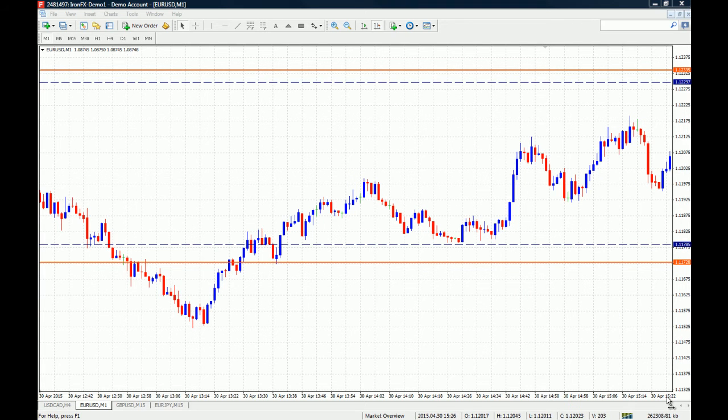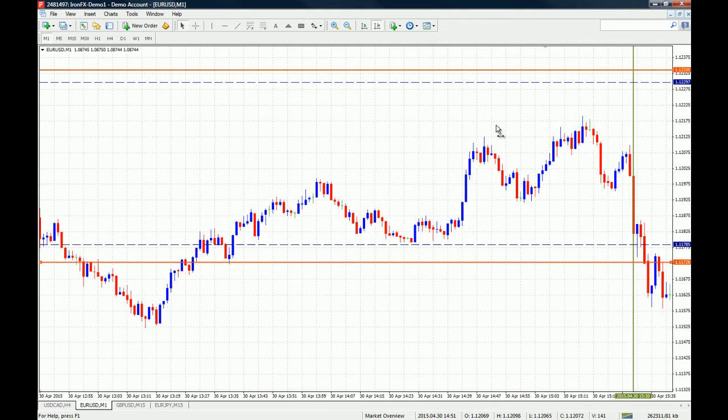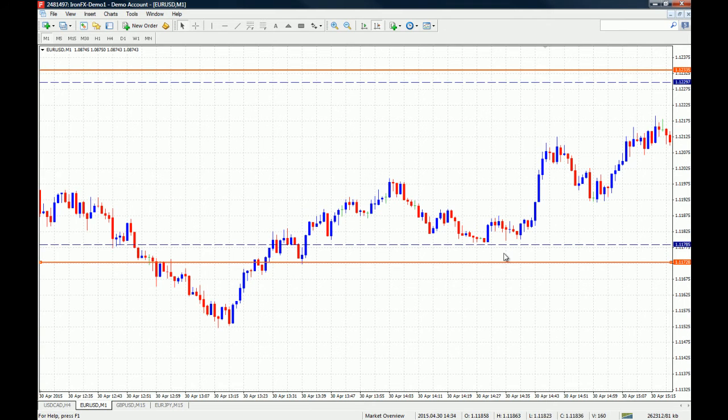As you can see, we are at 3:22 p.m., 8 minutes before the release, and we already have our buy stop level a few pips below this level right here, and our sell stop. I'm sorry, this is the sell stop level and this is the buy stop level.